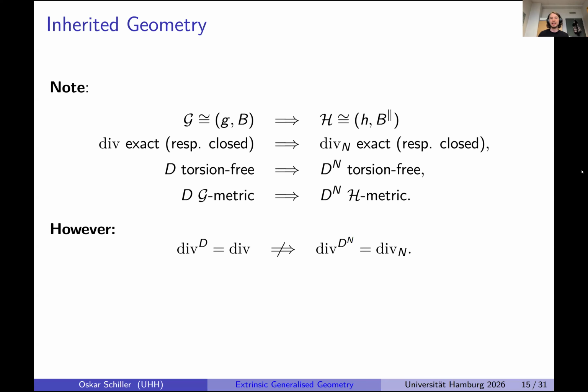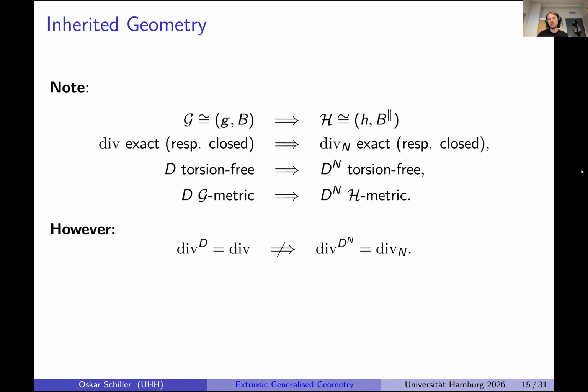However, the preservation of compatibility does not in general extend to divergence operators. So if the generalized connection on the ambient space is compatible with a given divergence operator, this does not mean that the divergence operator associated to the inherited connection coincides with the inherited divergence operator. I will say a bit more about this.